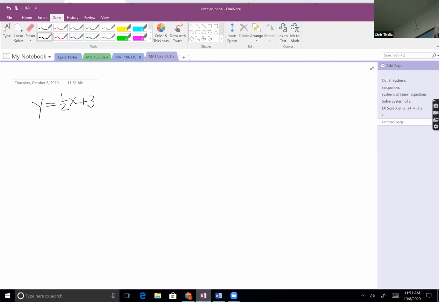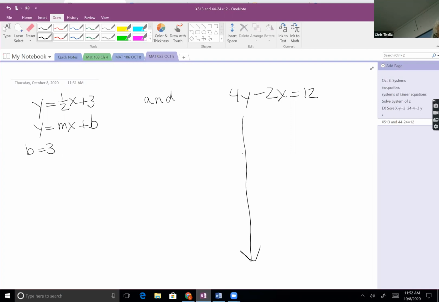So let's have y equals 1/2 x plus 3. And let's have the other equation be 4y minus 2x equals 12. I'm going to graph this line first, where I compare it to y equals mx plus b. Does everybody see y's alone? So b is 3. So when I go to graph this line, we begin at b.